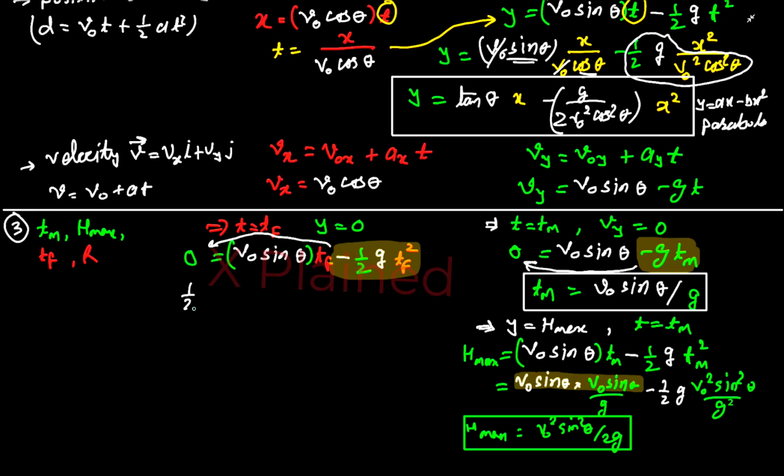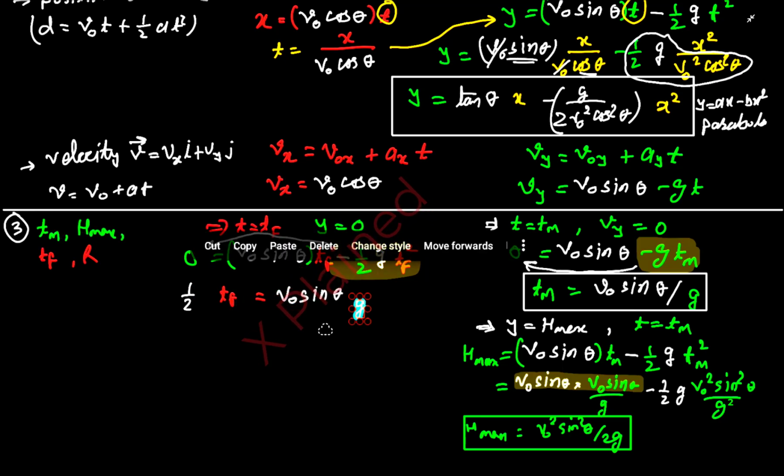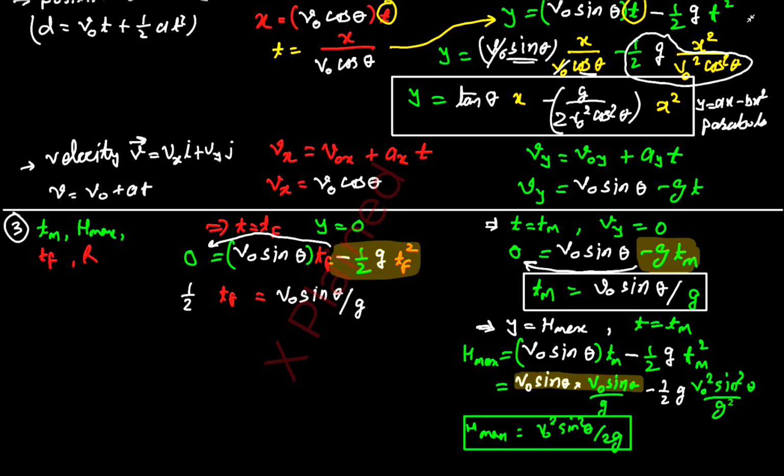So we'll get half g tf square is equal to v0 sin theta into tf. So here we can reduce 1 power of tf, and to make tf the subject, we have to move g on the right side, go into the denominator, and 2 will go into the numerator. So we get the equation of tf.